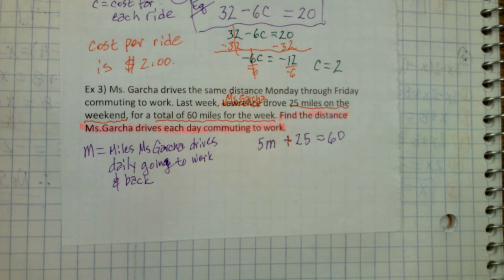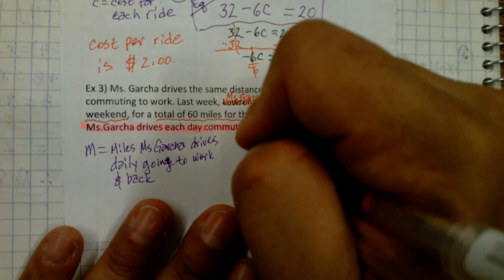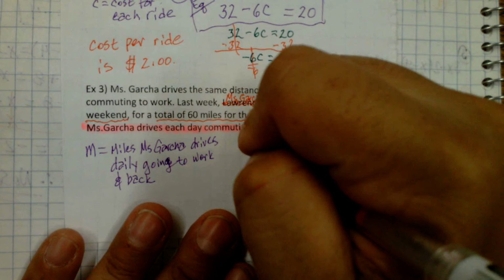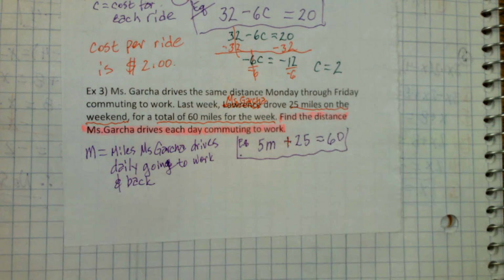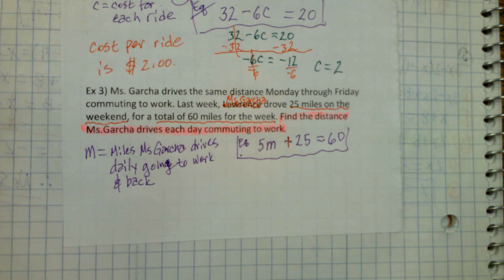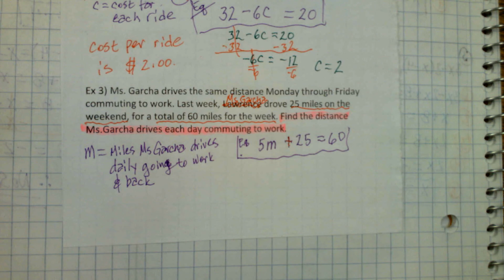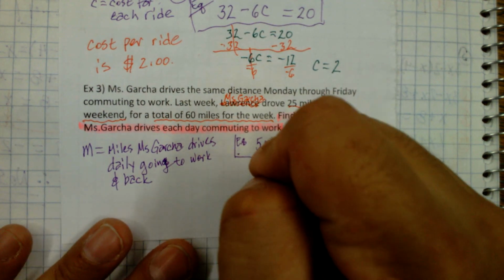Does that make sense? That's pretty much straightforward from the story. So this is our equation. Our equation is 5m plus 25 equals 60. Okay?